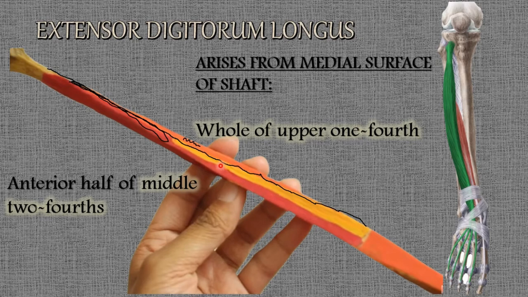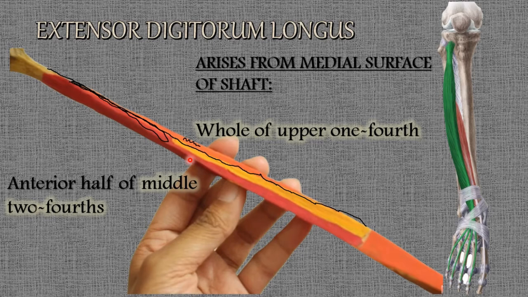Because this is the medial surface, as we are seeing it looks like an anterior surface, but if we turn it anti-clockwise towards the medial side, suppose this is the right fibula, right? So we'll turn this towards the finger side, right? Then this surface will be a little tilted towards this side. So this part will be the posterior and this part will be the anterior.